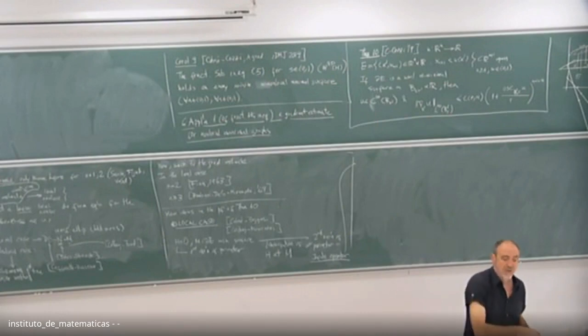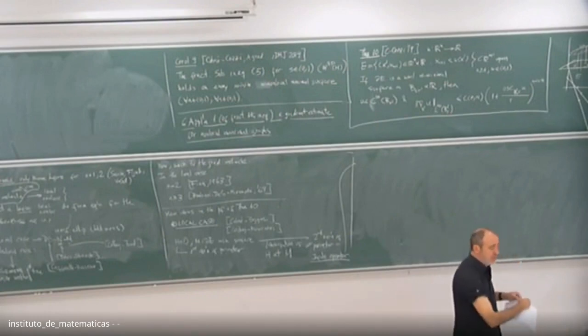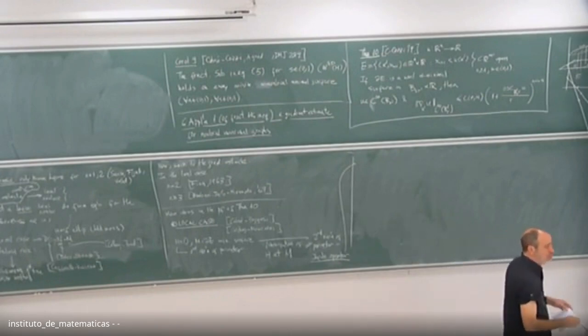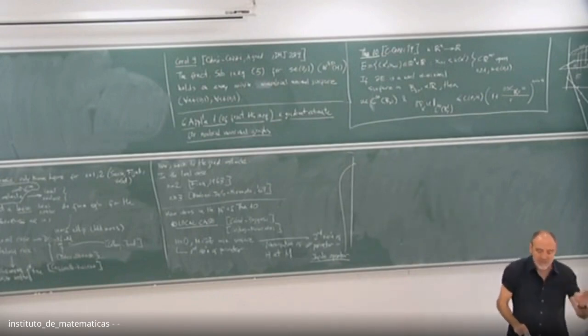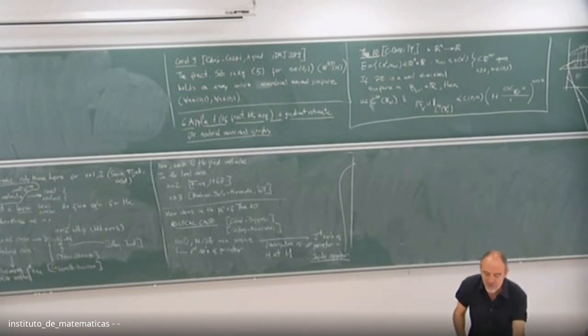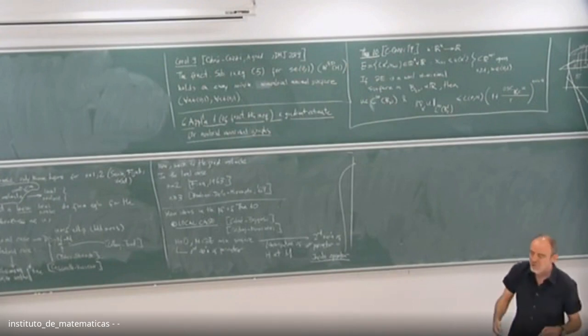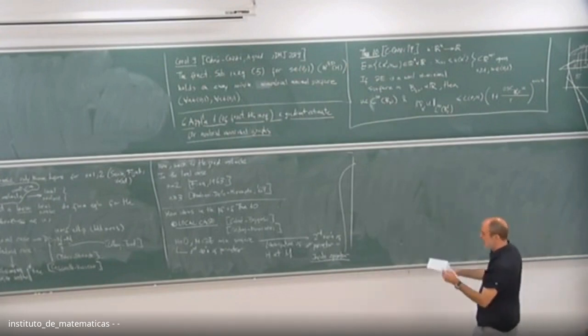You have a geodesic that minimizes length in a Riemannian manifold. You know it's a critical point because it solves the ODE, but then you want to know if it really minimizes length or maybe not.